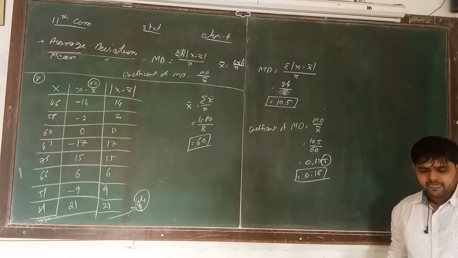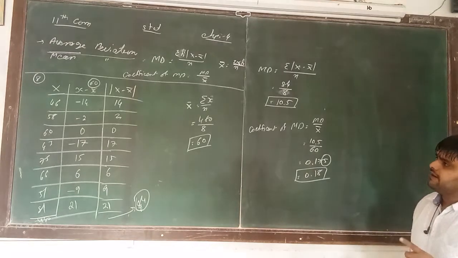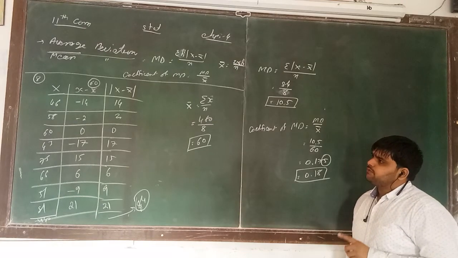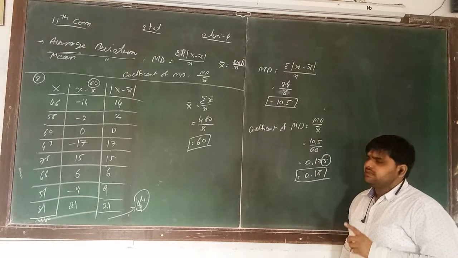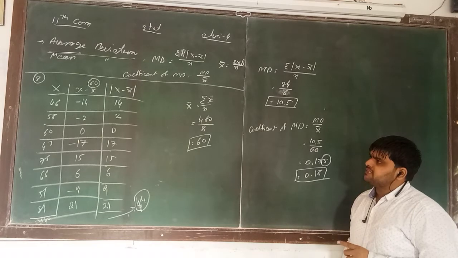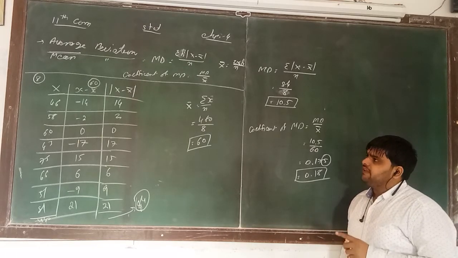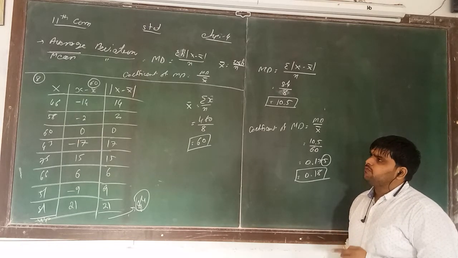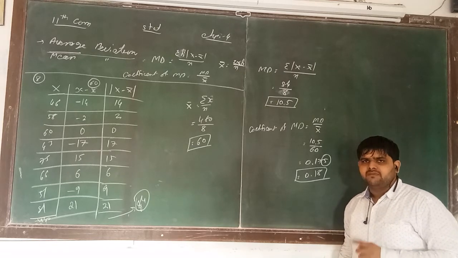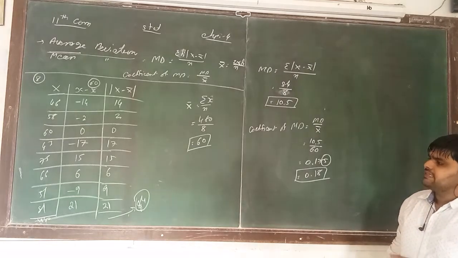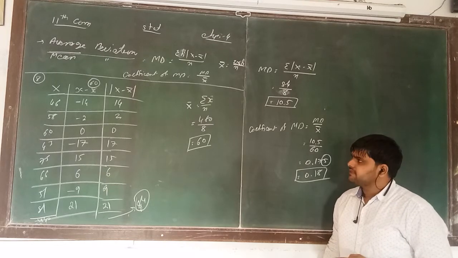How can we find it? First of all, with the information given, we find x bar. On the basis of x bar, we find x minus x bar, and then convert x minus x bar into modulus. When we convert it into modulus, all signs become plus.